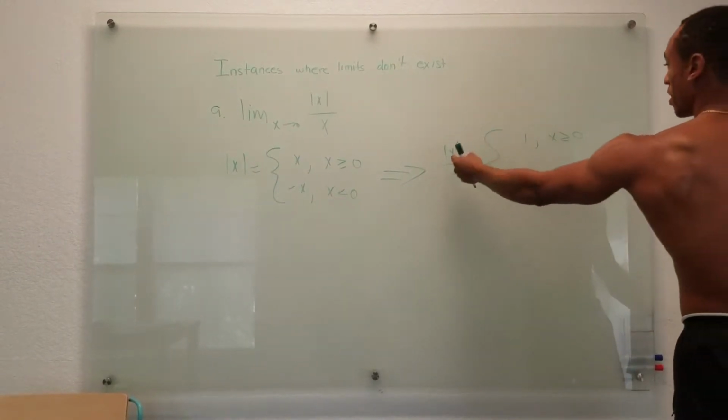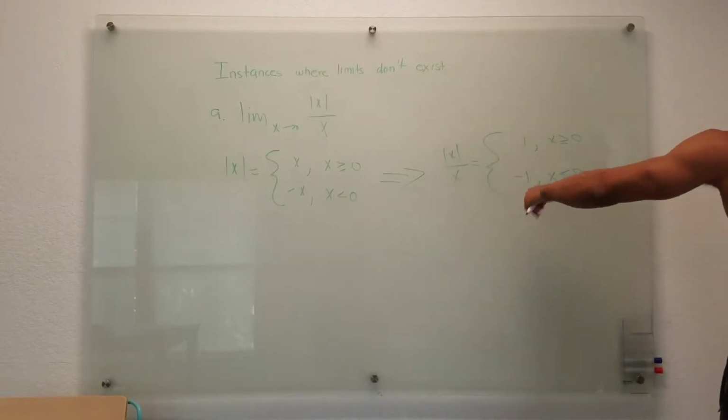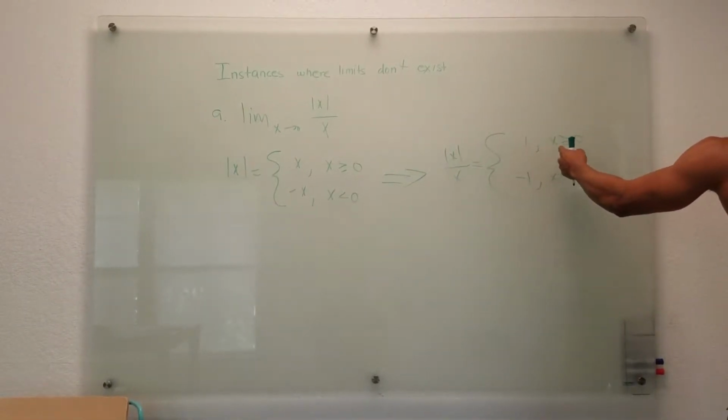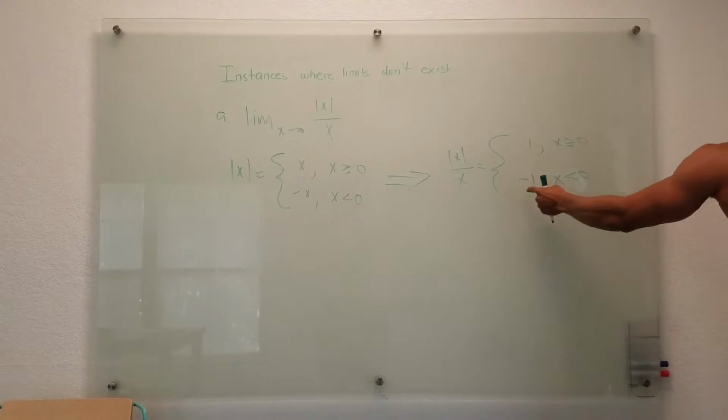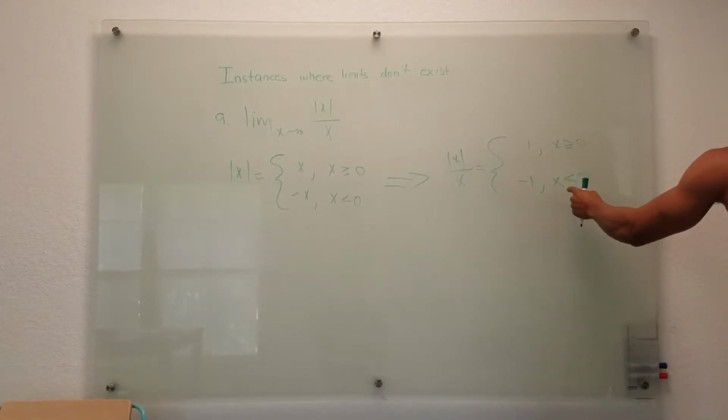So we got that the absolute value of x over x equals 1 when x is greater than or equal to 0, and negative 1 when x is less than 0.